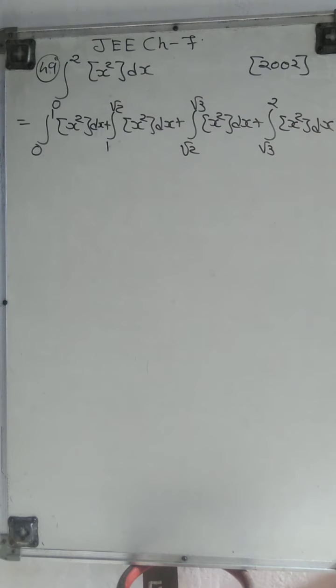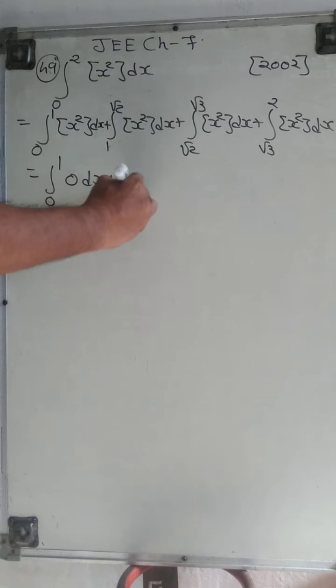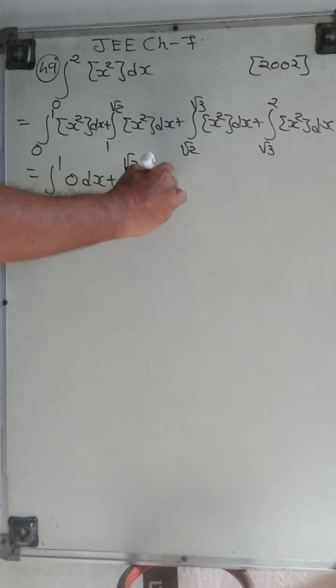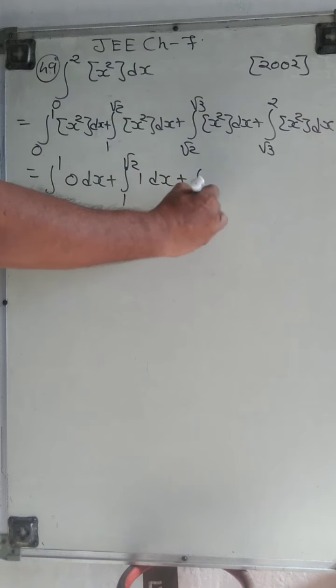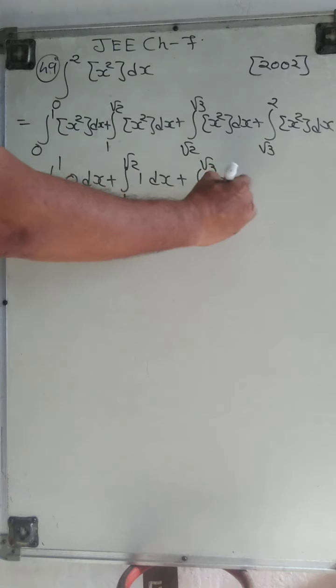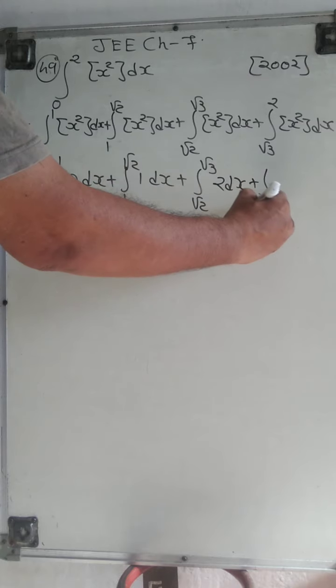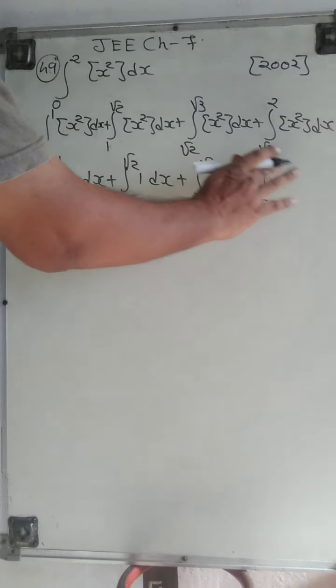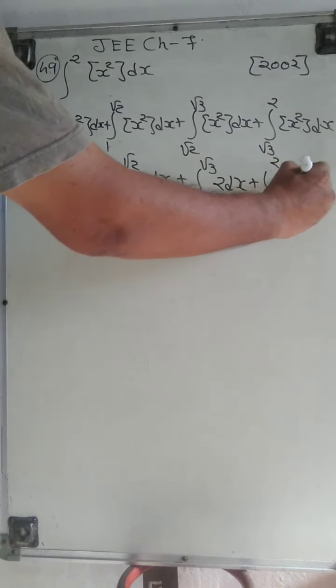Okay, so here first we take these 4 parts. Now we know that the integer values of these functions give: the integration of 0 to 1 of 0 dx, plus the integration of 1 to root 2 of 1 dx, plus the integration of root 2 to root 3 of 2 dx, plus the integration of root 3 to 2 of 3 dx.